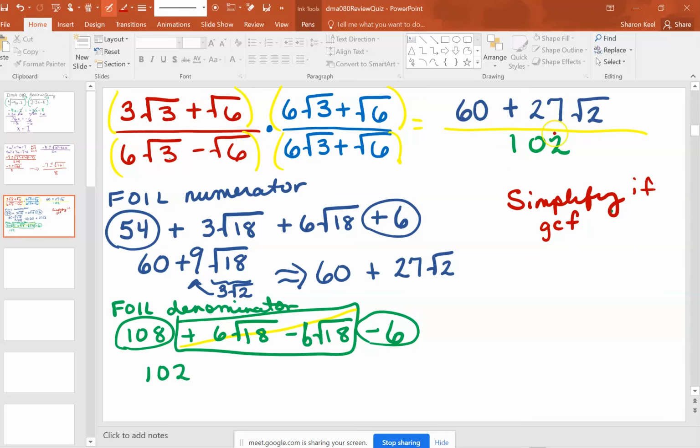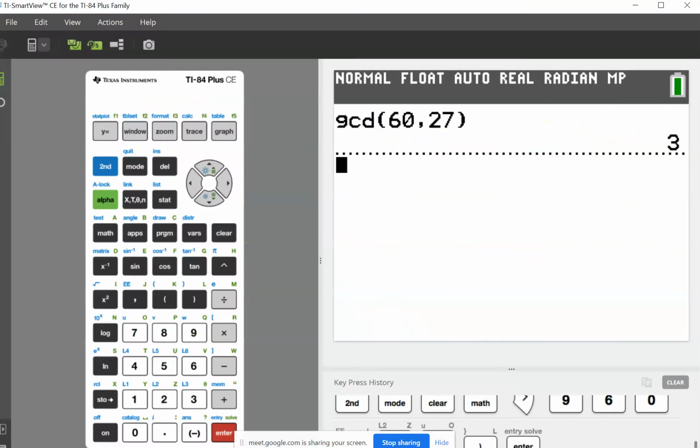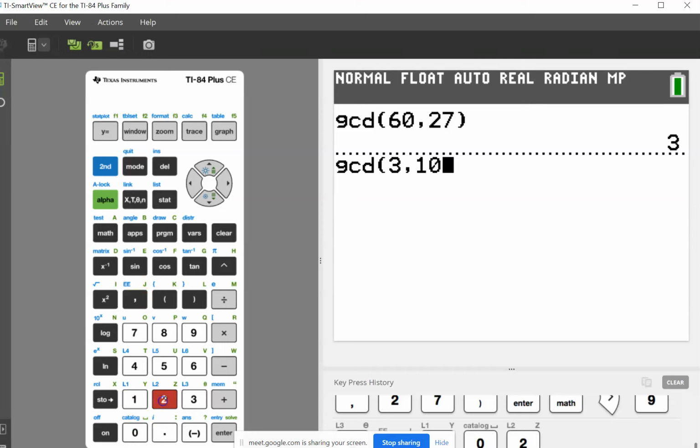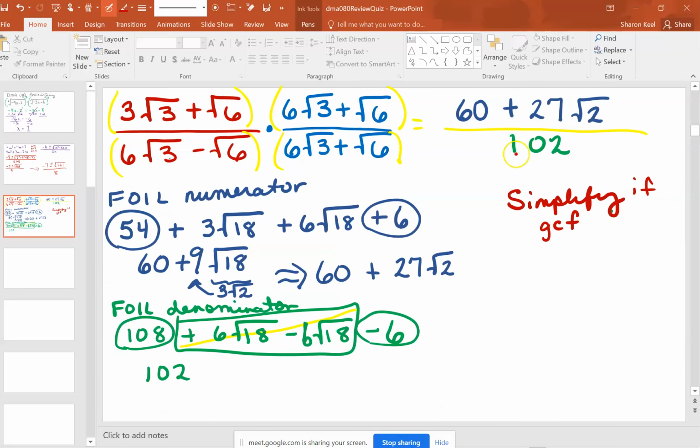My other number that I have is 102. So math, arrow right, number 9. I had the answer of 3, and my other number was 102. Okay, so 3 is our greatest common factor. So we're going to divide each term by 3. So the GCF is 3.